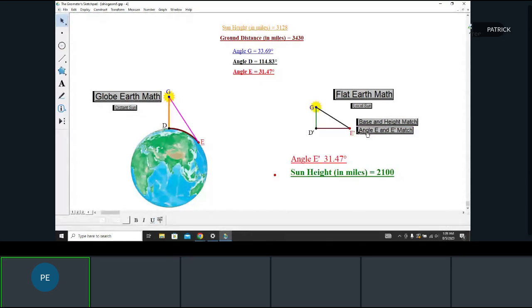I like this option here because if you're standing right here at point E and you measure 31.47, whether that's a curved or a flat Earth, you're still going to get 31.47 when you measure that. This and this are the same color because they're the same distance. That's your ground distance there.